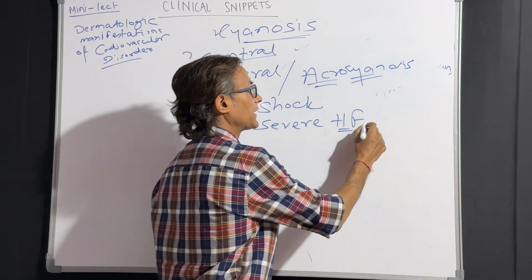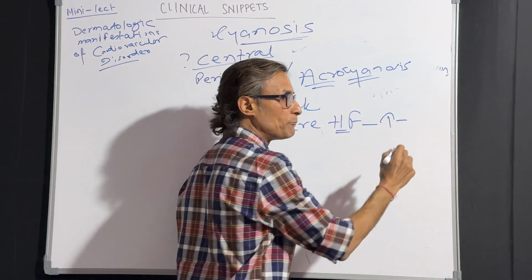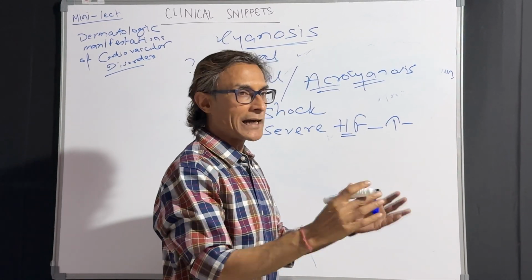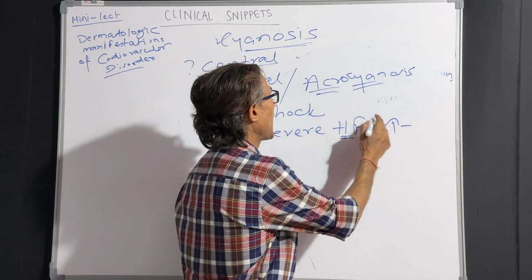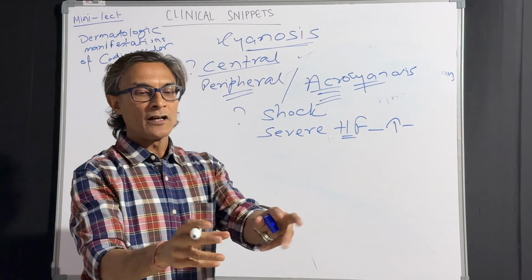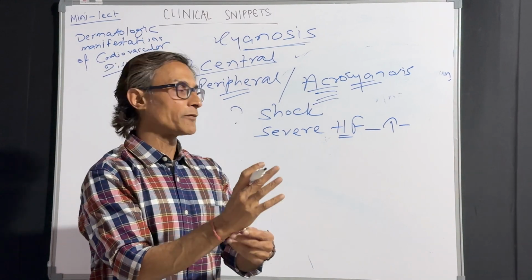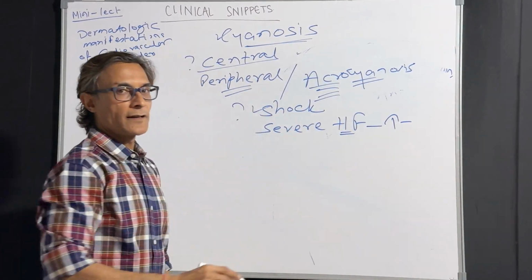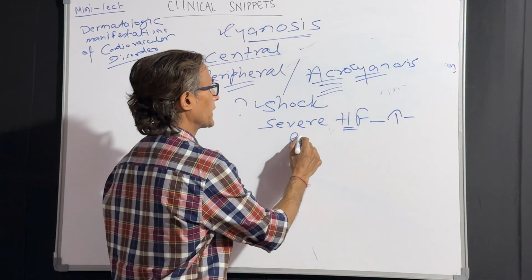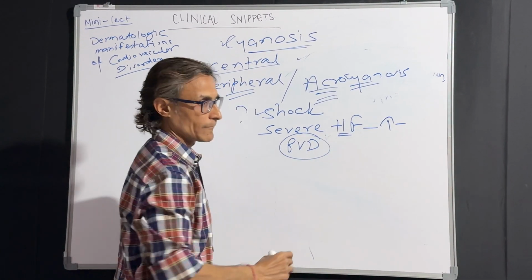leading to sympathetic overactivity. Severe heart failure will cause sympathetic overactivity and peripheral arteriolar constriction. So in severe heart failure there can be peripheral cyanosis. In shock, there will be peripheral cyanosis, and in peripheral vascular diseases.